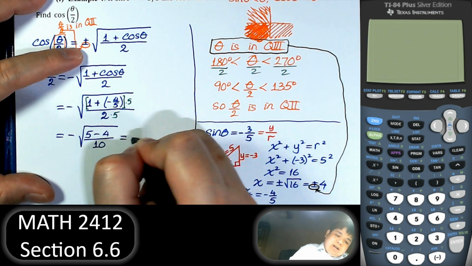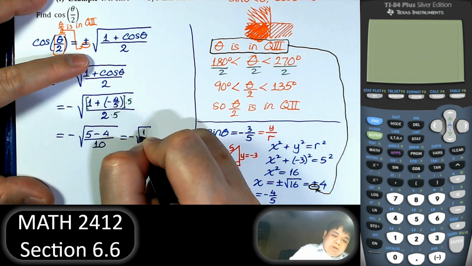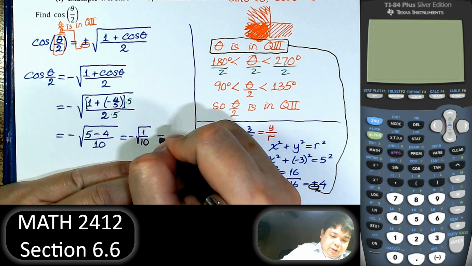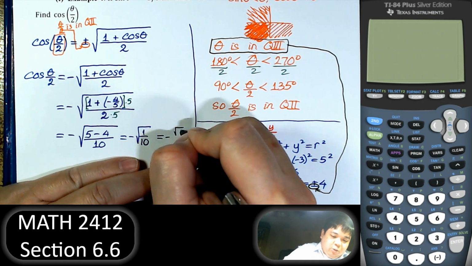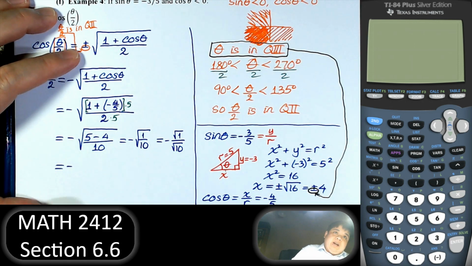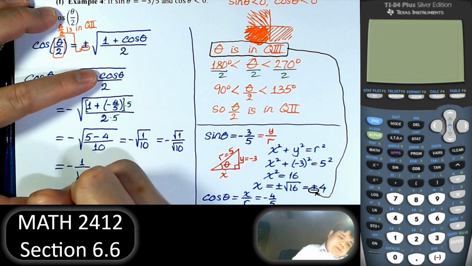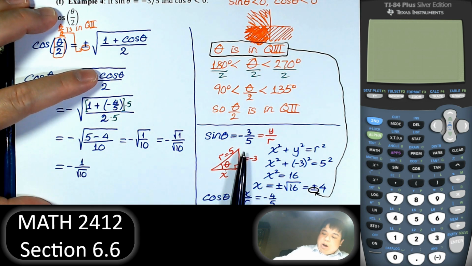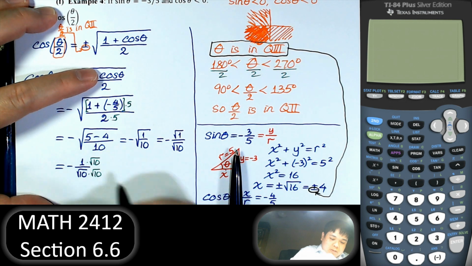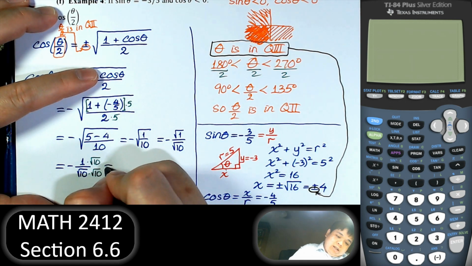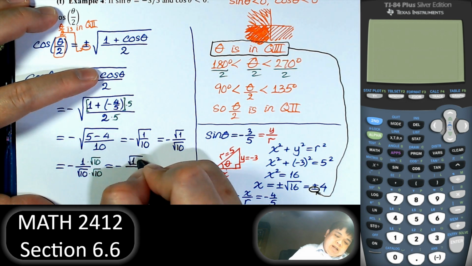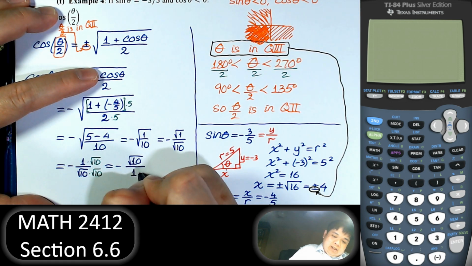So we have negative square root of 1 over 10, or negative square root of 1 over square root of 10, or negative 1 over square root of 10, or if we multiply square root of 10 top and bottom, we will get negative square root of 10 over 10.